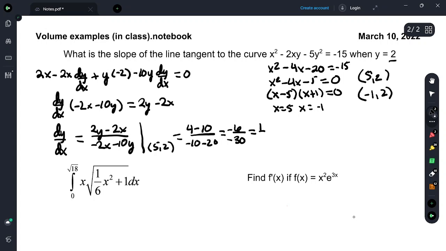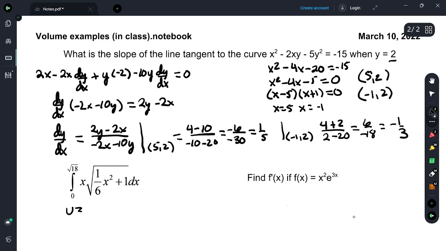So I get 1/5. And then we're going to evaluate at negative 1, 2. So that's 4 plus 2 over, see, if I plug negative 1 in, that's going to be 2. Plug in 2, and we're going to get minus 20. So I get 6 over negative 18. I get negative 1/3.